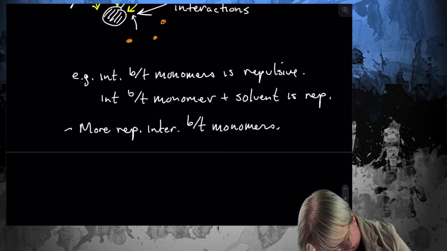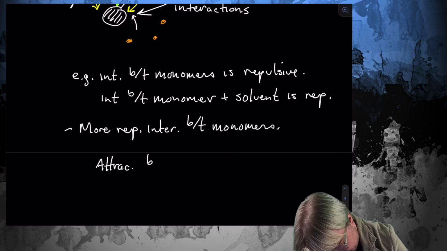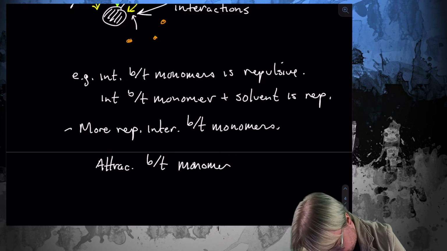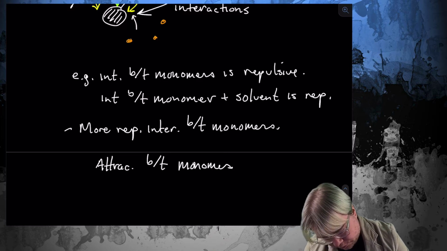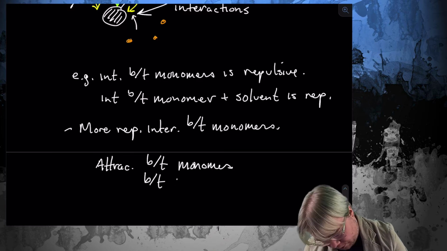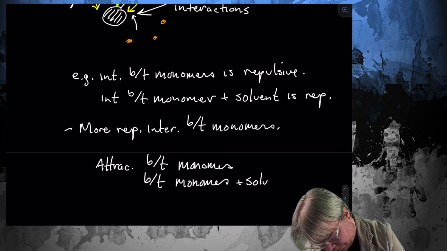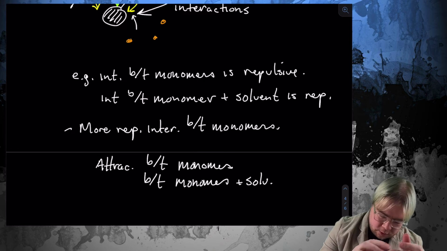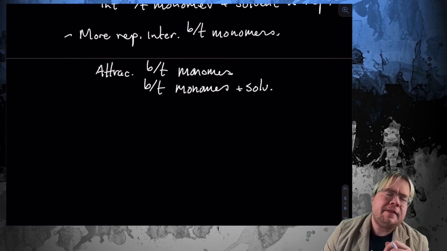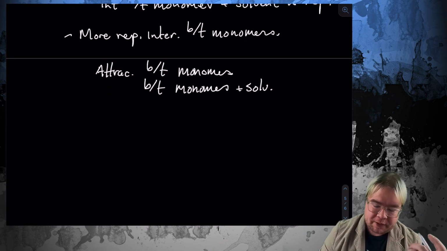Let's look at the case where there's attractive interactions between the monomers, and there's also going to be an attractive interaction between the monomers and the solvent. Then what? Well, let's say that the attraction between the monomers and the solvent is stronger.